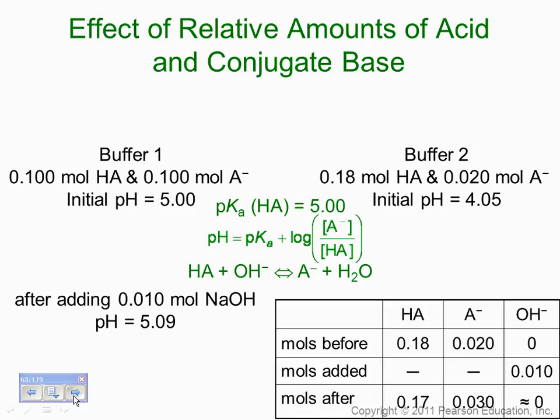If I do the same thing to the buffer on the right, 0.01 moles of hydroxide, and I run the numbers, the pH goes to 4.25.